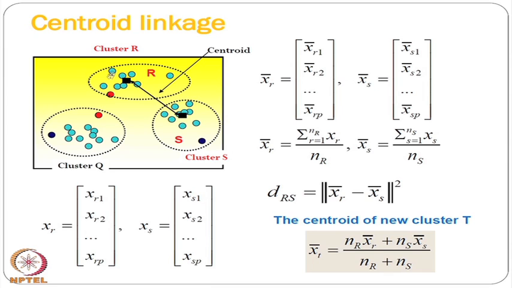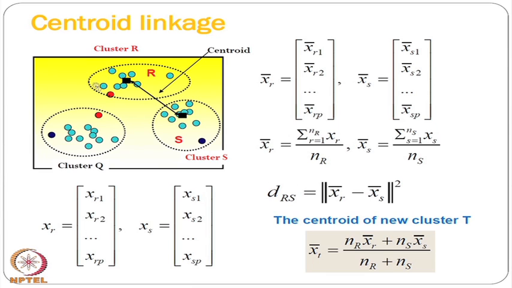Hypothetically assume that these many members are here and these many members are here in these two clusters, and each member is measured in terms of p variables, xr1 to xrp, and xs1 to xsp. Now, you are finding the mean of the variable vector here, as well as the mean of the variable vector here.